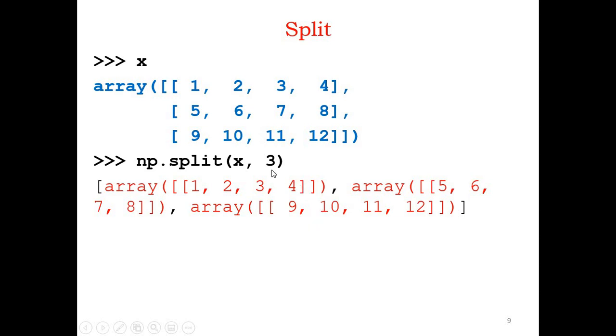Split means it is just cutting. So see 1 2 3 4, the first row is now a separate array. The second row is now a separate array, and the third row is another piece. So you have got 3 equal pieces, and all those are confined in a list. So the result is a list of 3 equal-piece arrays.